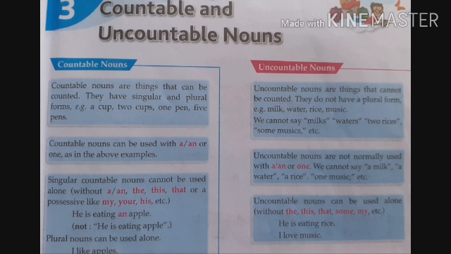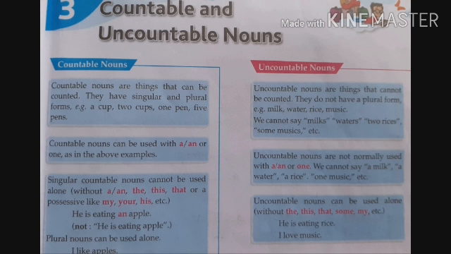Singular countable nouns can't be used alone without a, an, the, this, that, or a possessive like my, your, his, etc. For example: he is eating an apple.